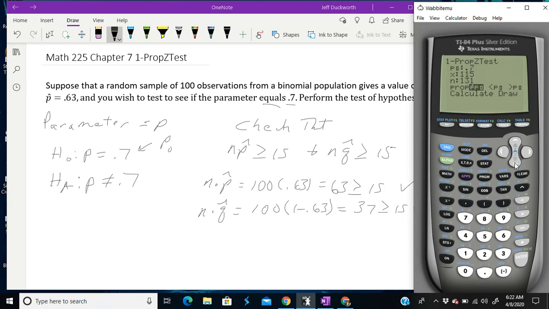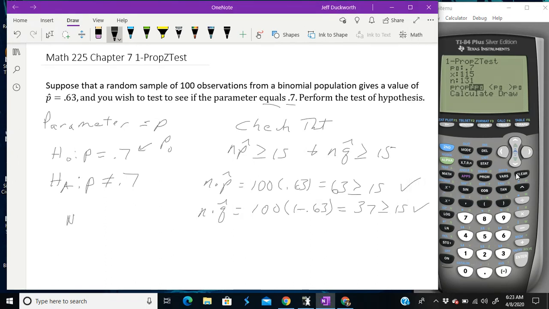So x is the number of successes. Let me write down the formula for p hat. So note, p hat is equal to x over n. Therefore, x equals n times p hat. Well, we've already calculated that. That's 63.